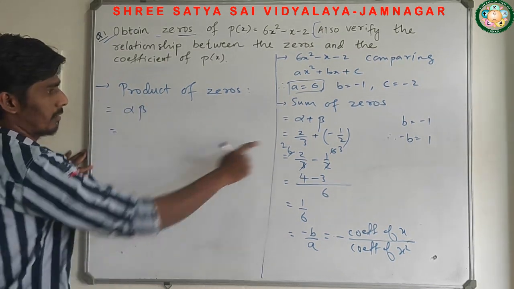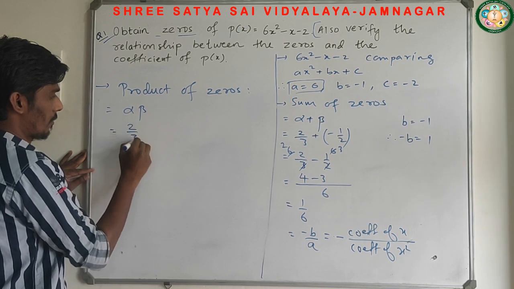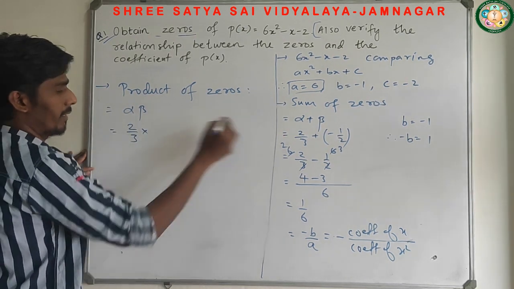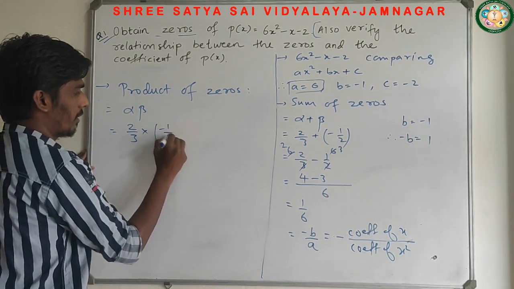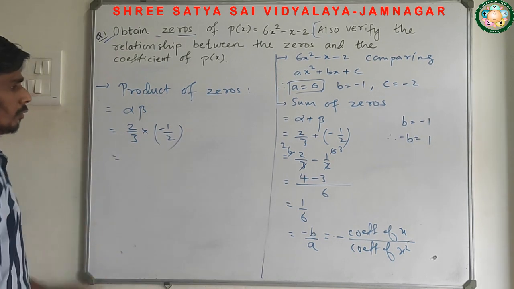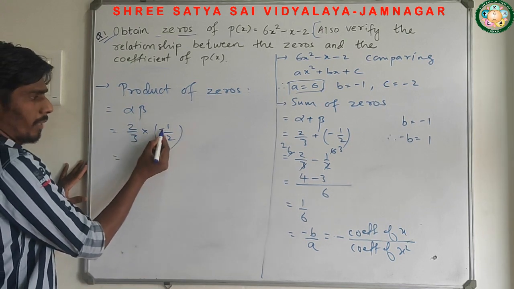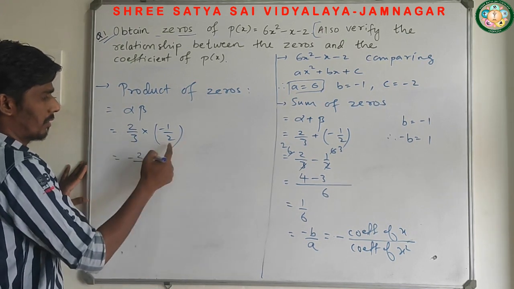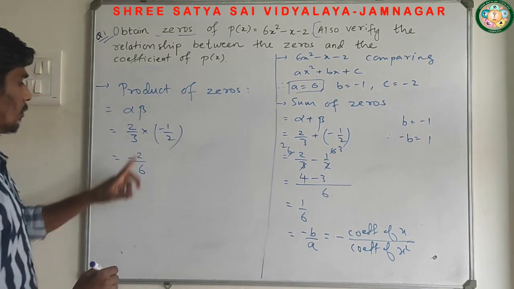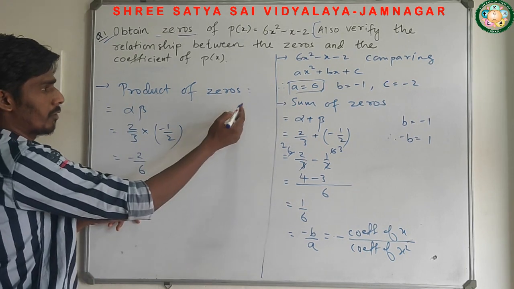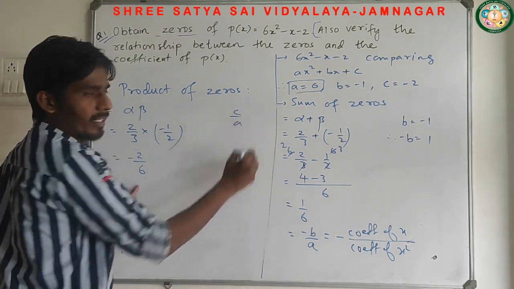What was alpha? 2 by 3 multiplied by minus 1 by 2. No need to cancel it, keep it as it is. Whenever we verify, minus 1 into 2 is minus 2, 3 2s are 6. Now if you look at the number here, product of zeros, we know already, is c by a.